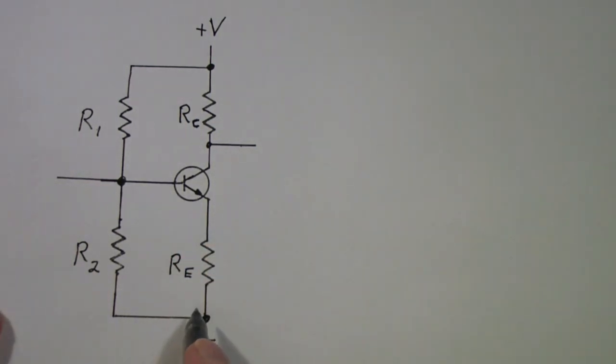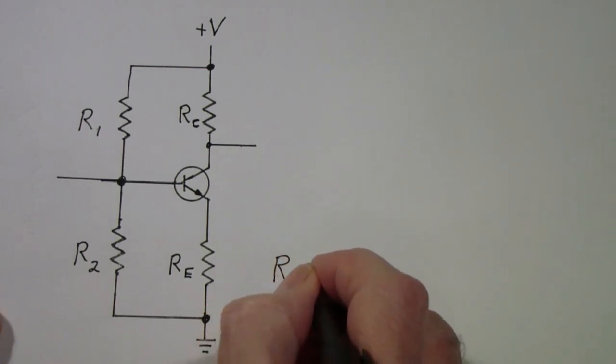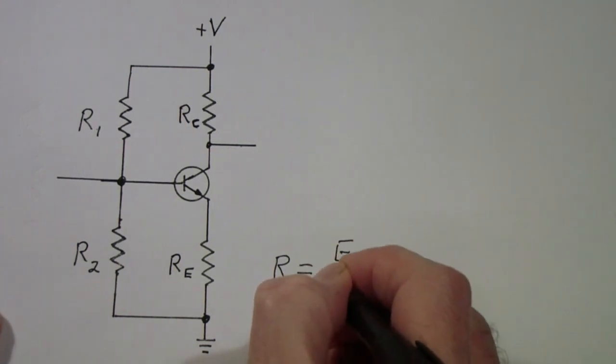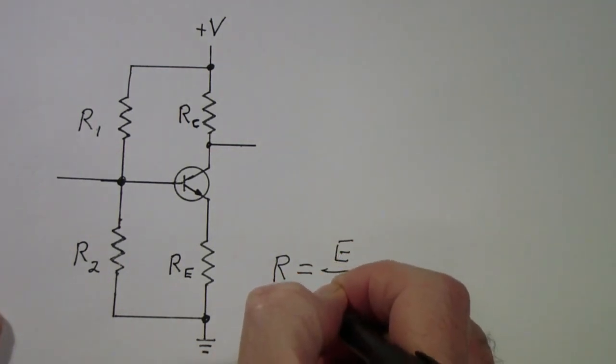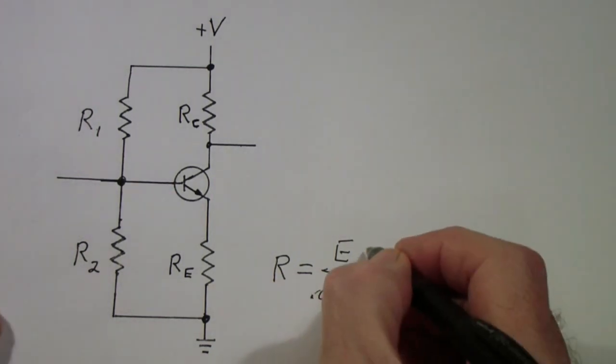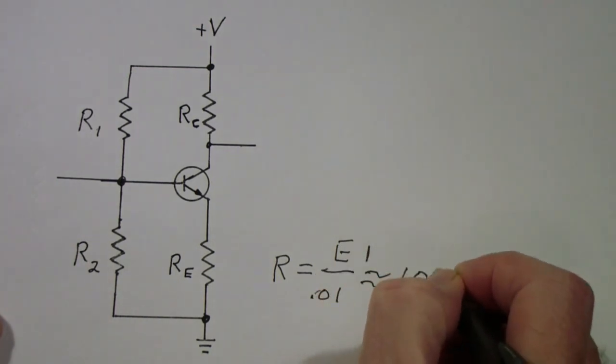That means that with 10 milliamps flowing through the resistor, once again this is just Ohm's law: voltage over current, which in this case is 0.01 amps, or 10 milliamps. Well, E is 1 volt. We want about 100 ohms.